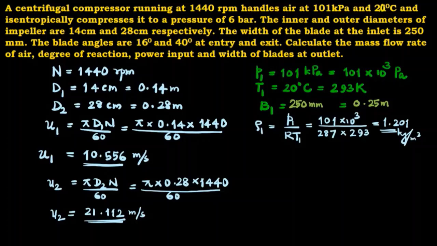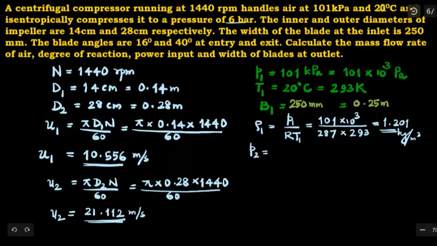Similarly, we have to get the density of air at outlet also. But in order to get that, we need to know the pressure and temperature of air at the outlet. In this case, the outlet pressure is available: P2 is equal to, see here in the question, in the second sentence, 6 bar.